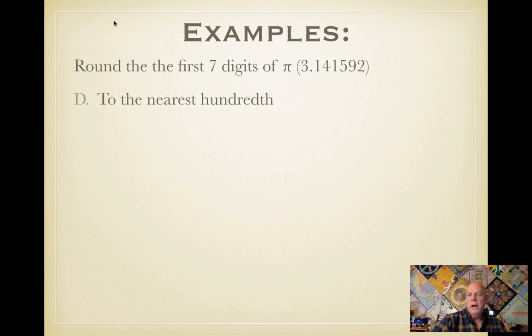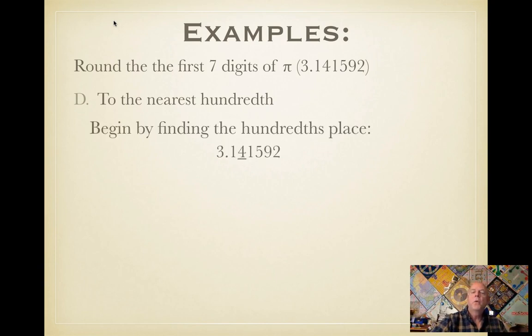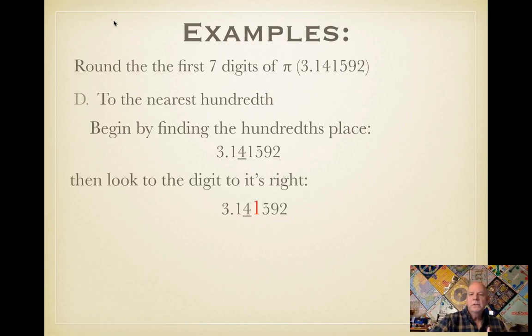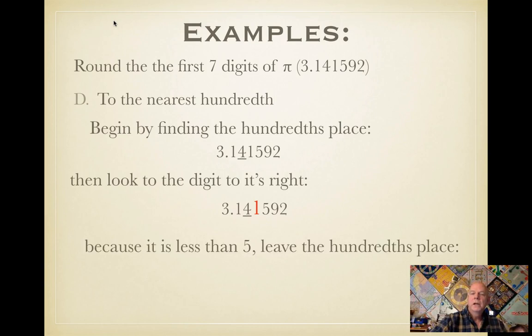But now we're looking at pi, 3.141592, the first 7 digits of it, and we're going to round that to the nearest hundredth. Notice the th at the end, so now we're in the decimal places. The hundredths place is the 4 in that number. So I've underlined it. The digit to the right is a 1. Because it's less than 5, we leave the hundredths place and we take everything else to zeros.